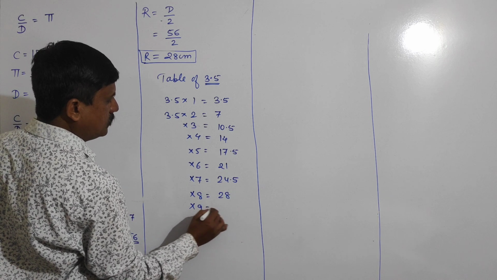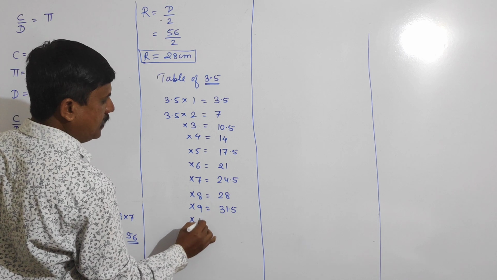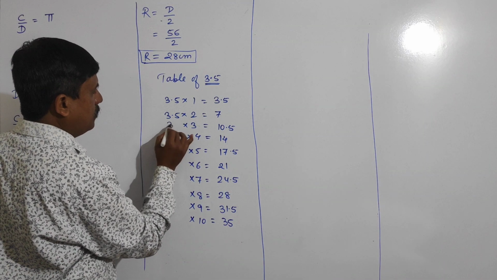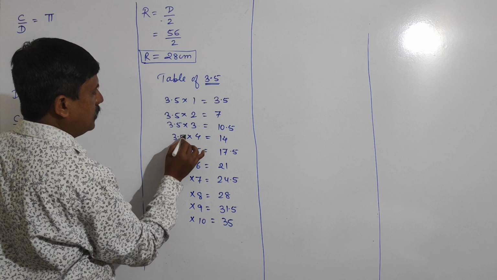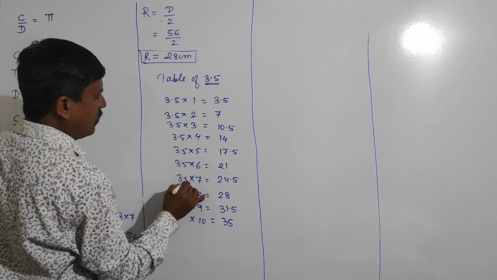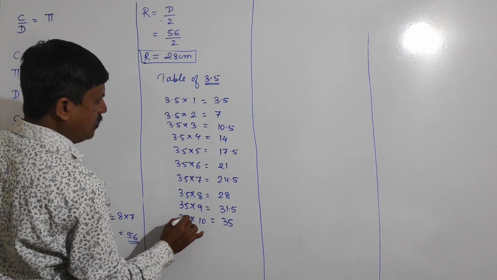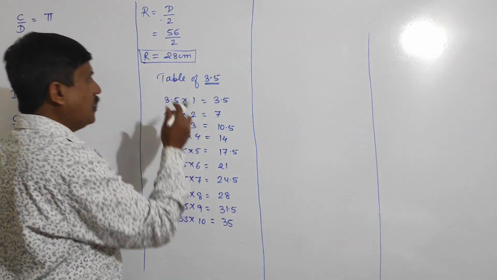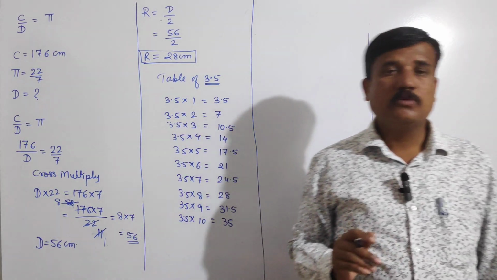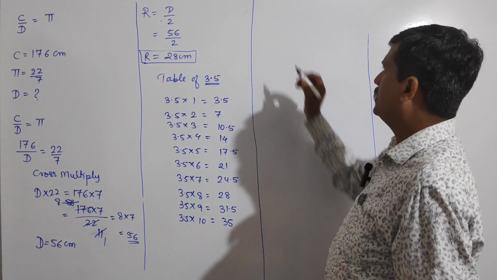Multiply by 9 is equal to 31.5. Multiply by 10 is 35. If you are learning this table of 3.5, the topic related to circle will be very easy. See how I will prove it.